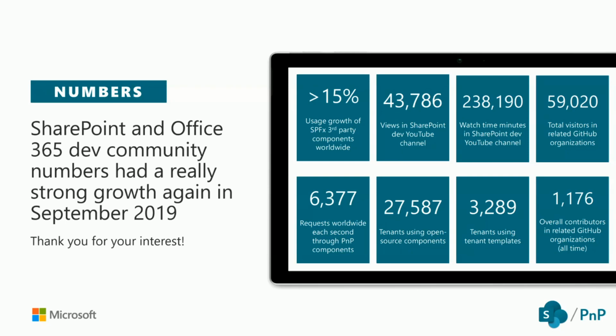So people are quite widely adopting and using this tooling, which is great. More than 27,000 tenants are actually using these open source components across the world. But 6,377 requests worldwide each second through PnP components. That's quite wild, to be fair. Tenant templates, which Erwin is going to talk about, were used in 3,289 tenants last month.